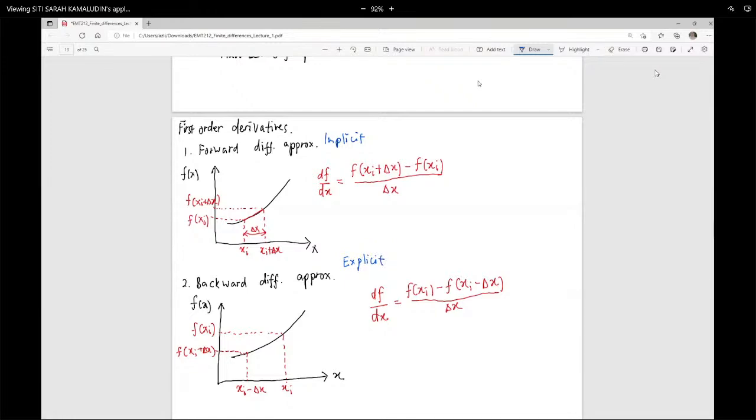Explicit approximations can usually handle a large step size. For implicit, usually we need a small step size.